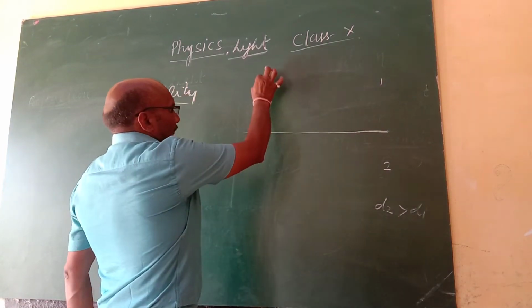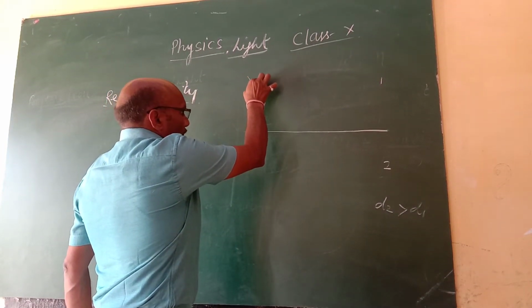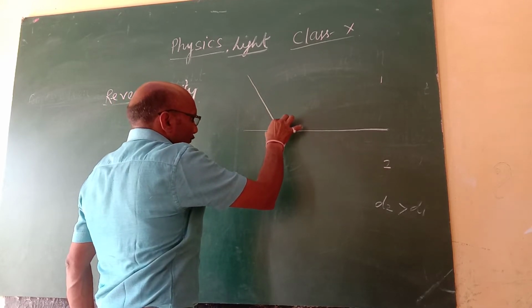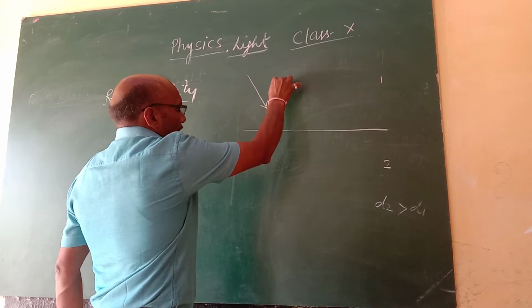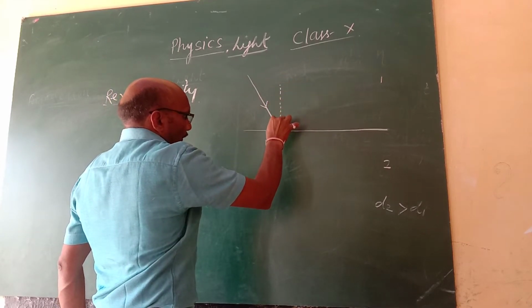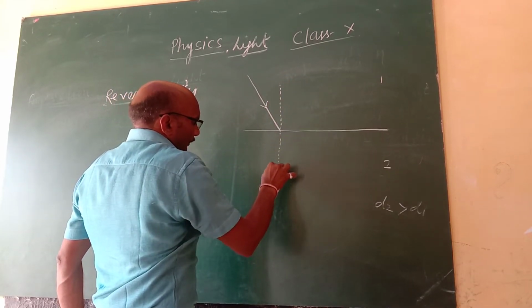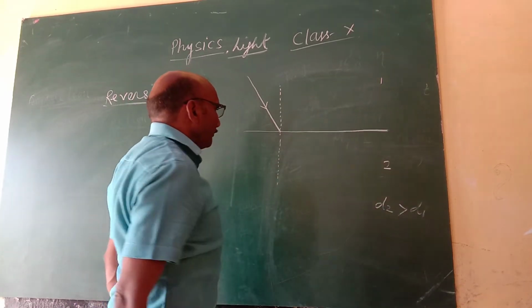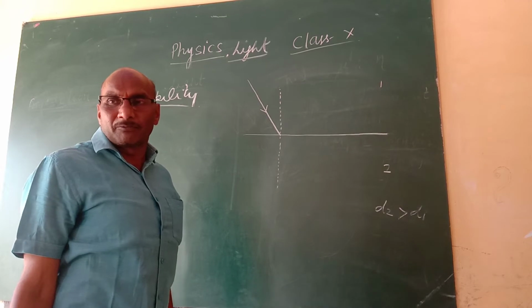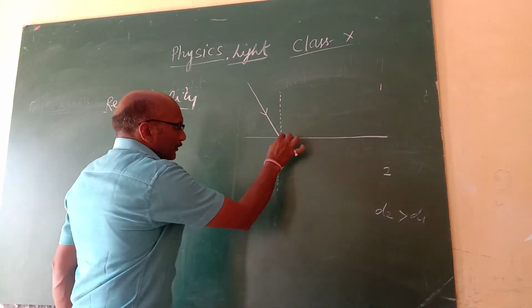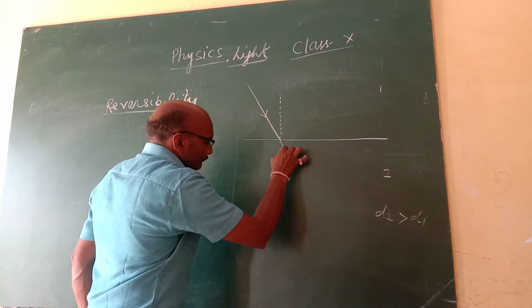So let light come from medium number 1 at this point, the incident ray. This is the normal drawn at this point. If the density of medium number 2 is more than the density of medium number 1, the light will bend towards the normal.